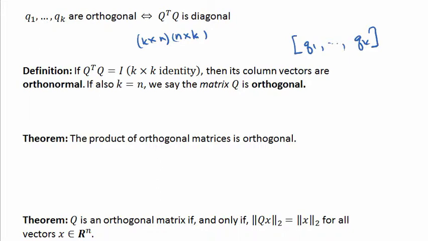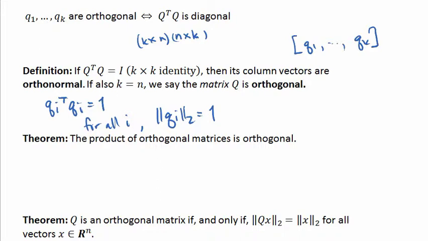Normal means that they're normalized in this case, because that's telling us that Qi transpose Qi is equal to 1 for all i. In other words, the 2 norm of each of these vectors is also equal to 1, the square root of 1. So that's what we would say about the vectors. They're an orthonormal set of vectors.